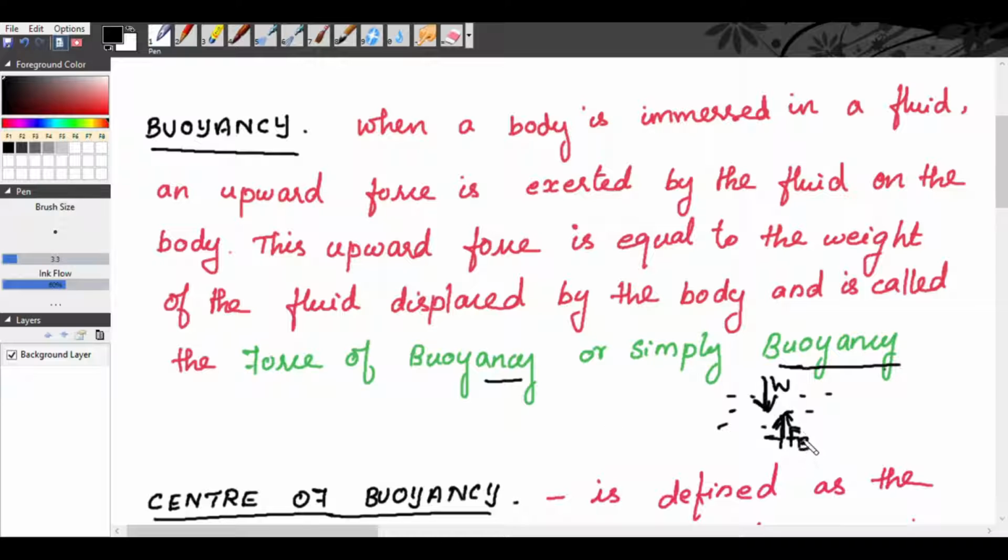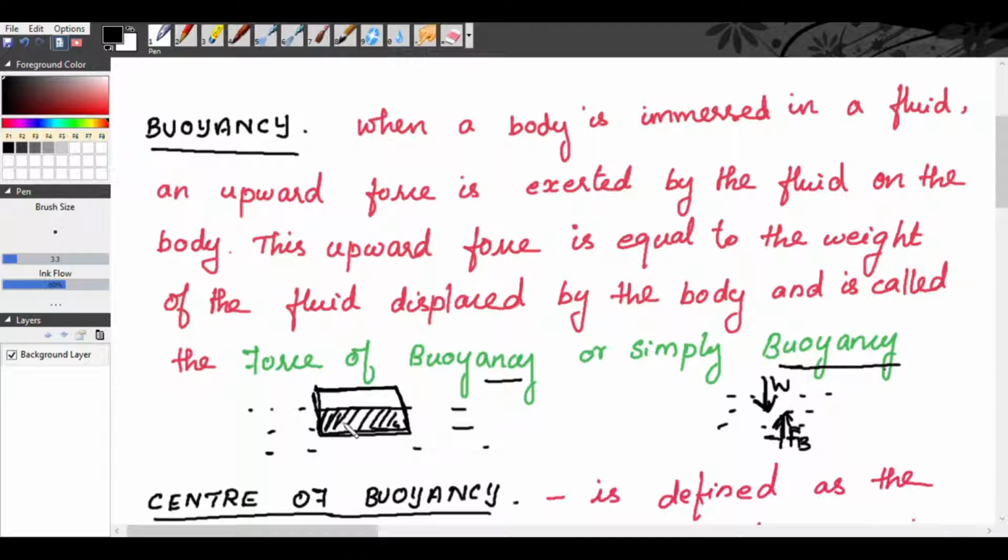And this upward force will be equal to the weight of the fluid displaced by the body. That means if you are immersing a body inside the water, this is the volume of water displaced.